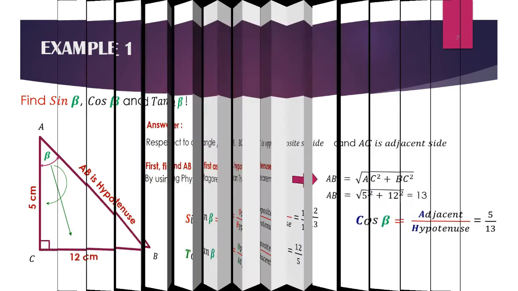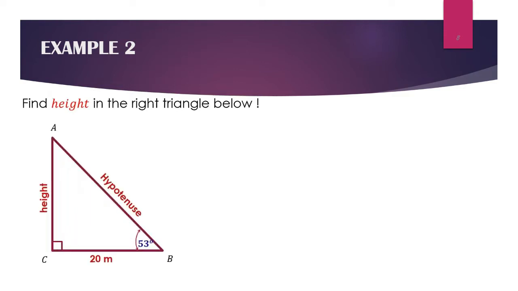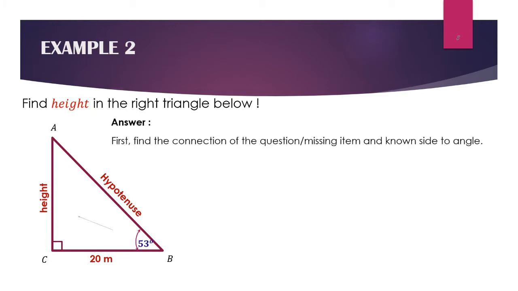Okay, students, go to example 2. Find height in the right triangle below. Look at the triangle on your screen. Base is 20 and angle is 53 degrees. First, find the connection of the question or missing item and known side to angle. The question is height, opposite to angle 53 degrees, and adjacent is 20.